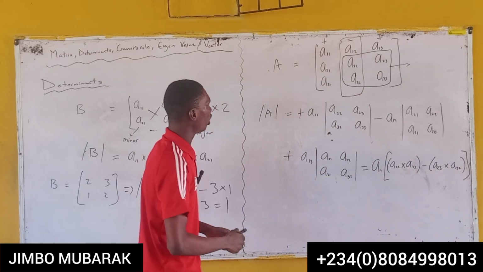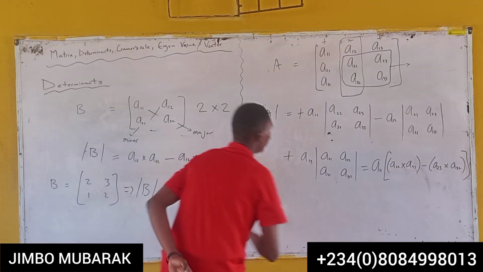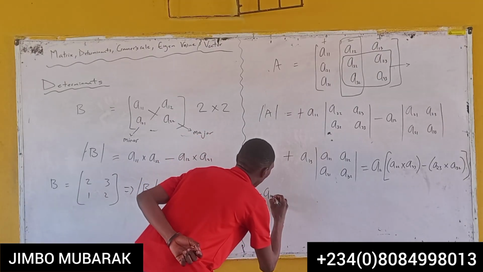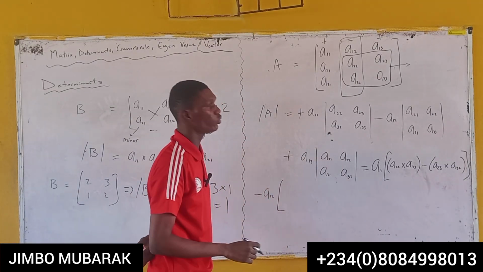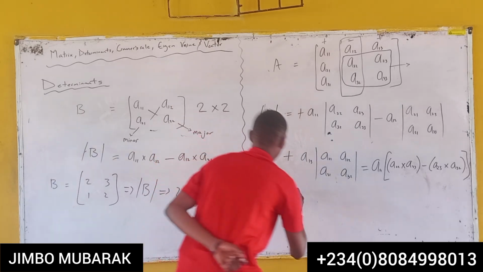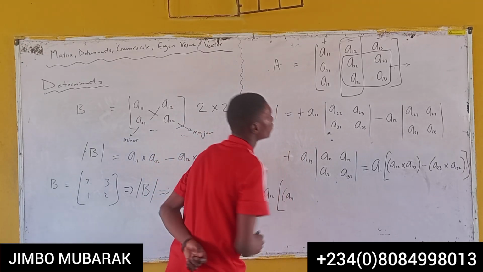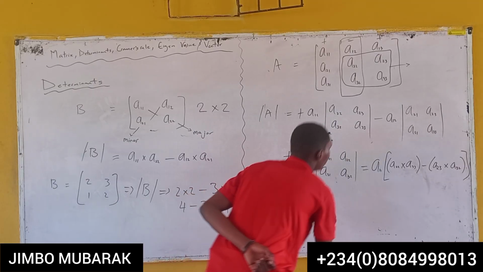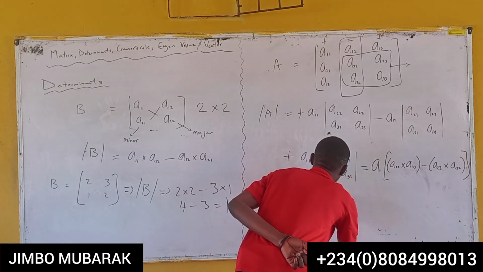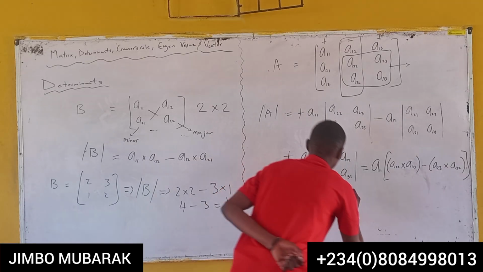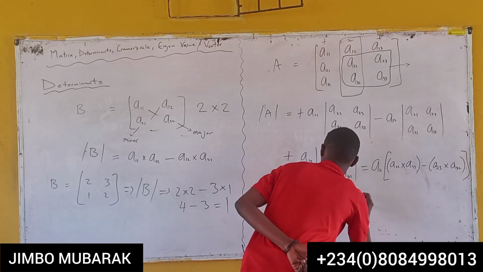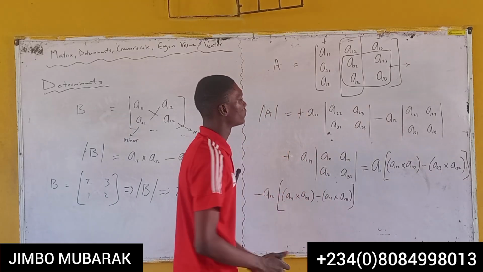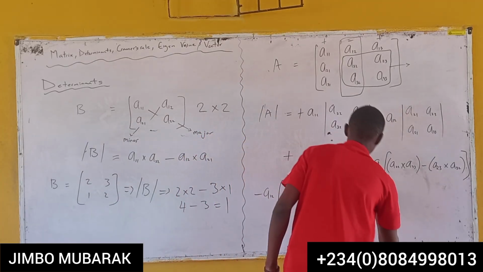So the second one will be minus A12 in bracket. What do we have? A21 times A33 minus A23 times A31. Alright?